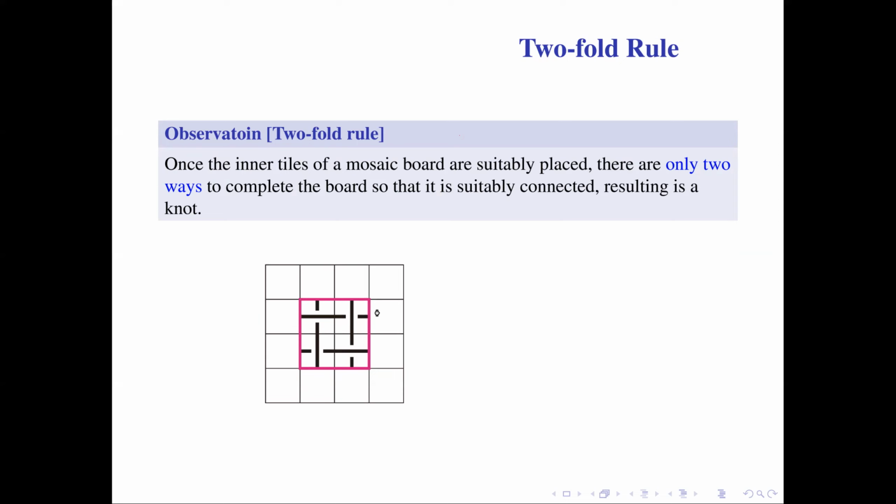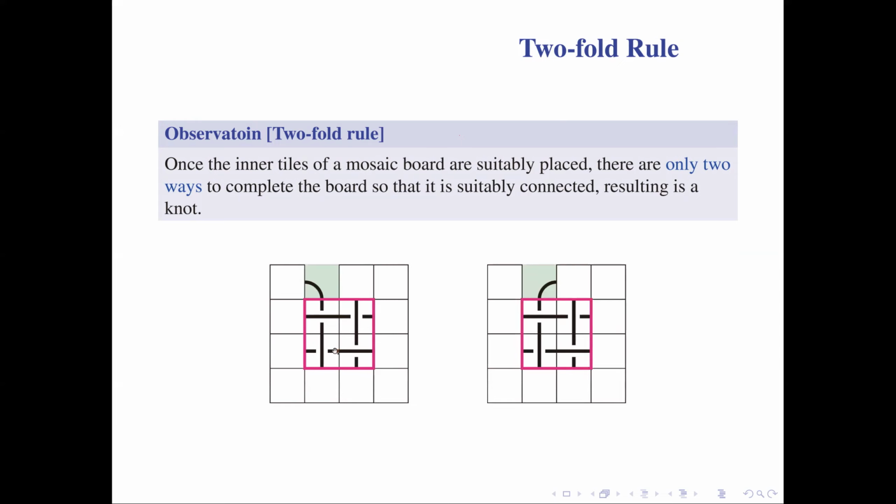For example, look at the place in green. For this board to become a mosaic, the tile must be one of two tiles. And so we can naturally complete a knot for each case. So therefore, in order to prove our main theorem, we first count the total number of suitably connected inner boards of knot mn mosaic, and then we apply this twofold rule.